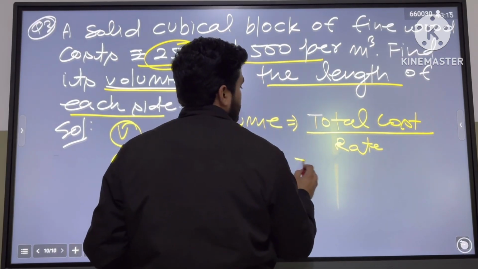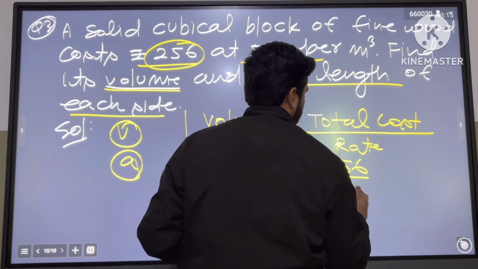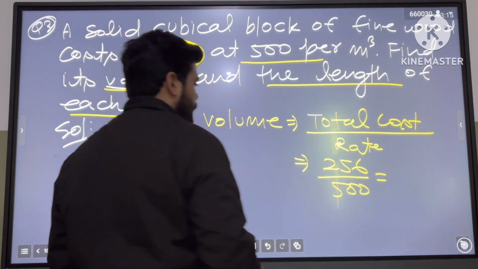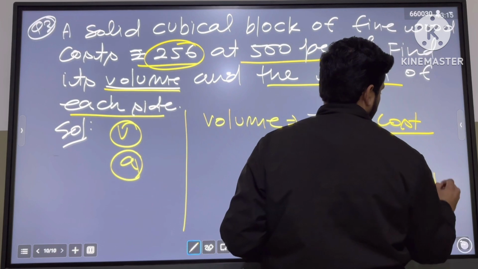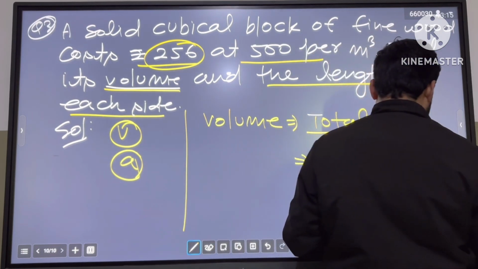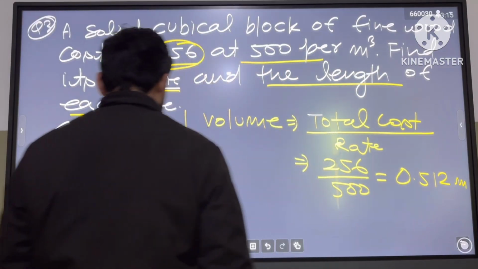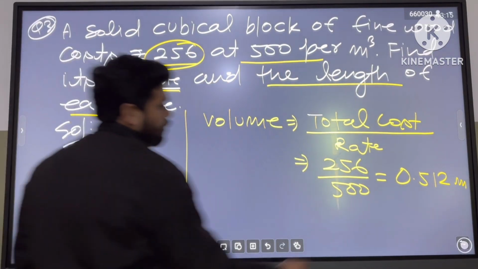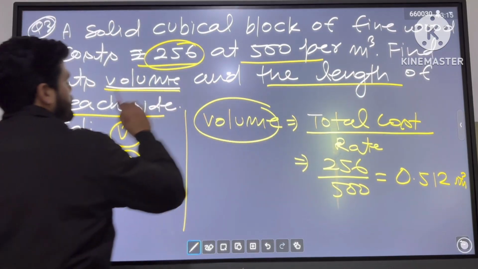Dear students, total cost is 256 and rate is 500. When we divide 256 by 500, we get 0.512 meter cube. Okay. So this is the volume. This is the solution of the first part.